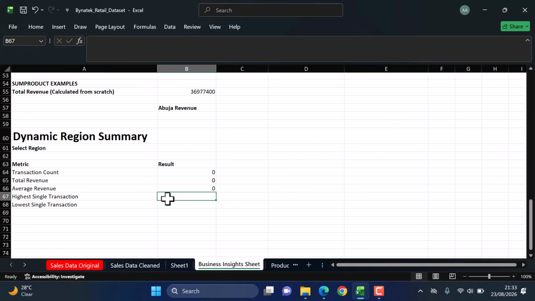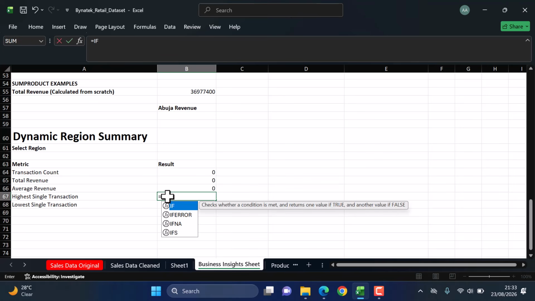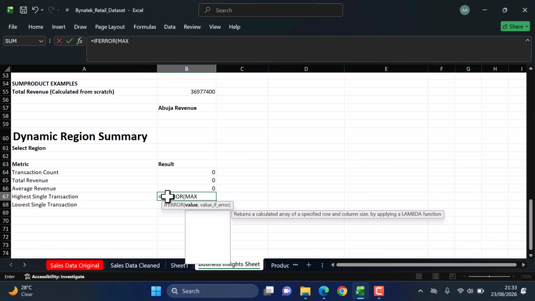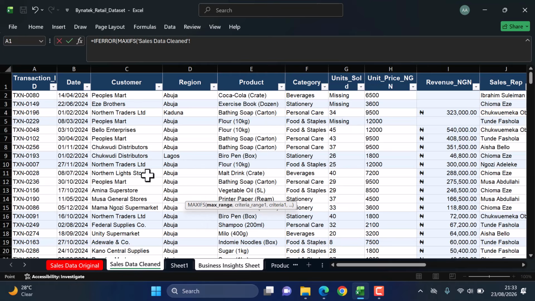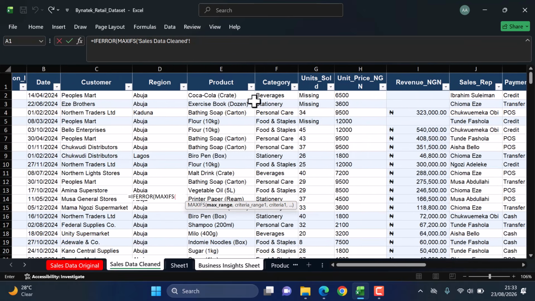All right. The next one is IFERROR, highest single transaction is MAXIFS, and this time same thing. No, sorry, we are not using that, don't mind me.